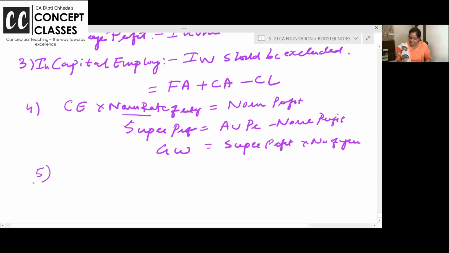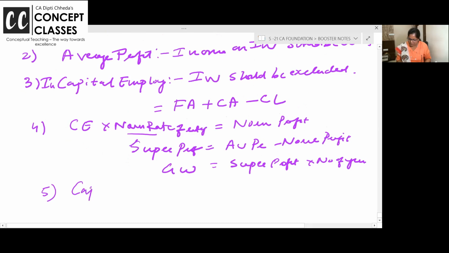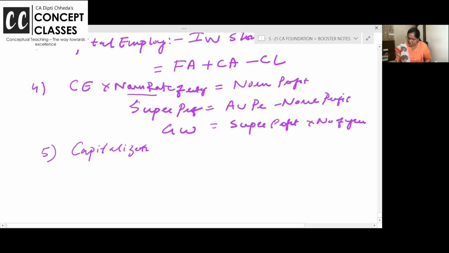And then capitalization method. Average profit into 100 by normal rate of return will give you the value of firm.